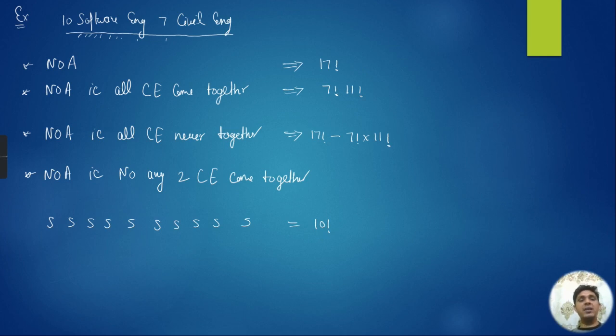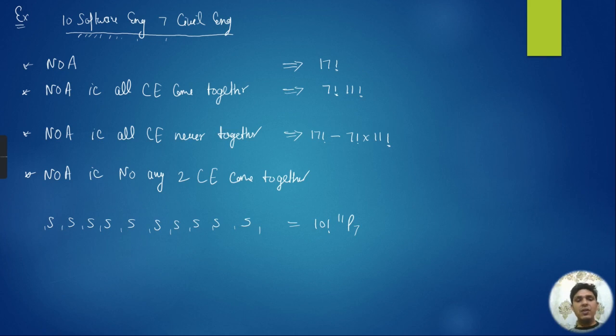Now I have to find the number of places left where I can place 7 civil engineers. If we check the number of places left: 1, 2, 3, 4, 5, 6, 7, 8, 9, 10, 11. So we are left with 11 positions where I can place 7 civil engineers. So the answer of this question will be 11P7.